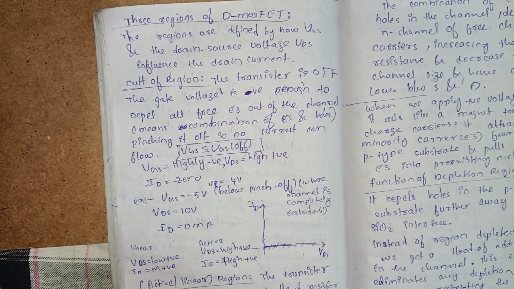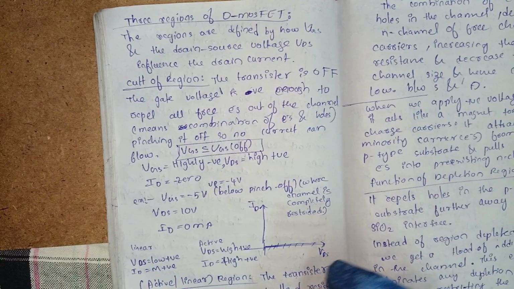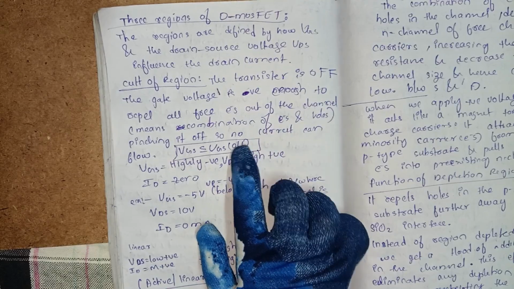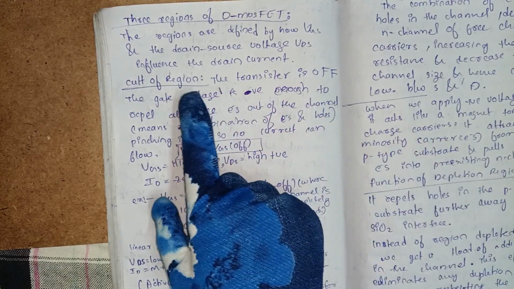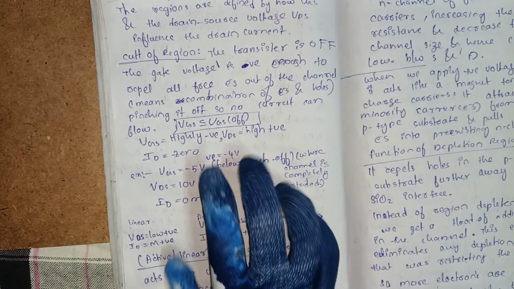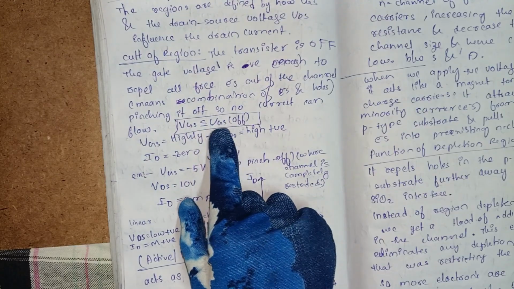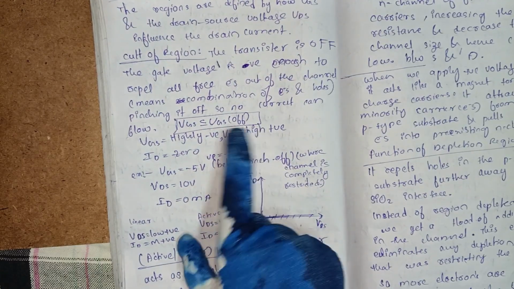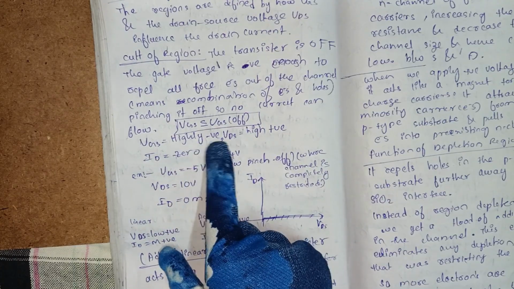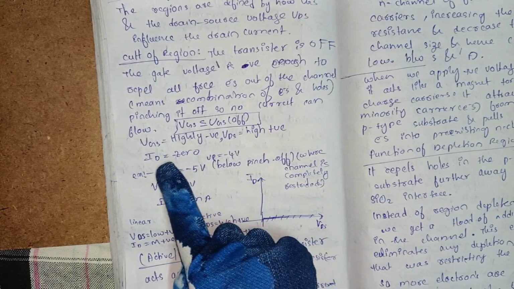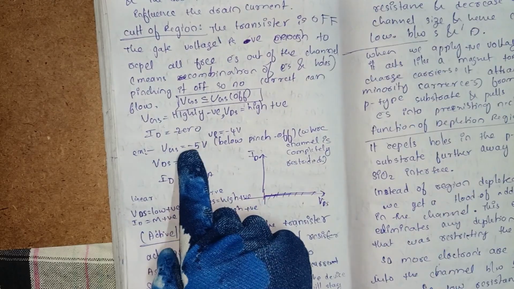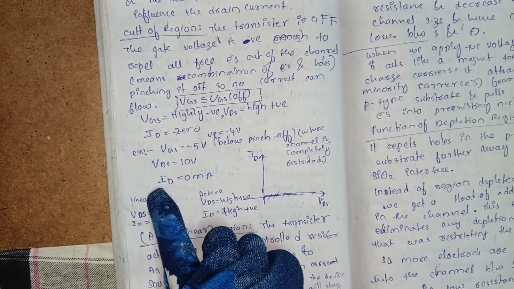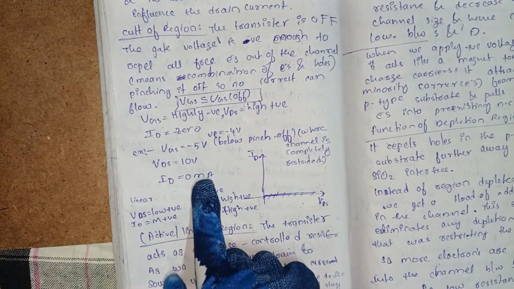When all the electrons of the n channel are combined with the holes, then the cutoff region occurs. The condition is VGS less than or equal to VGS off, which is the pinch off voltage. VGS is highly negative, VDS is high positive, ID is 0. For example, VGS is negative, VDS is 10 volts and ID is equal to 0 microamperes.